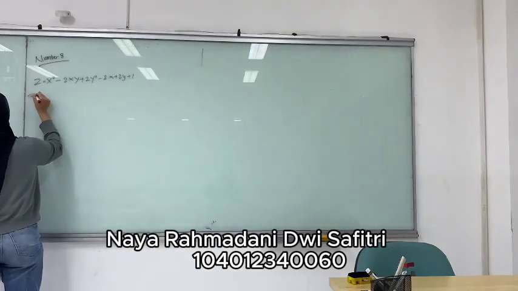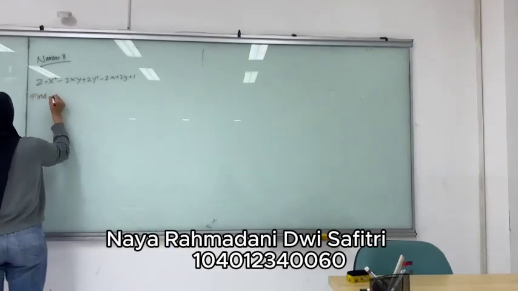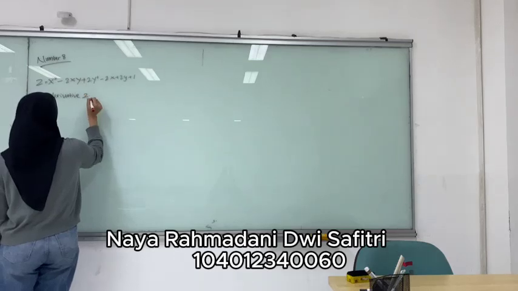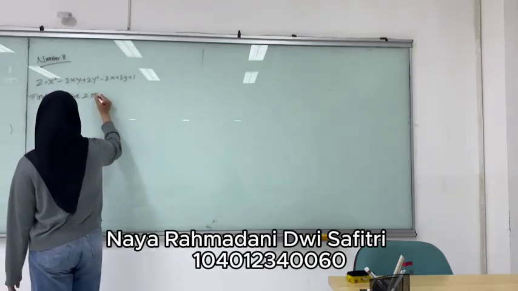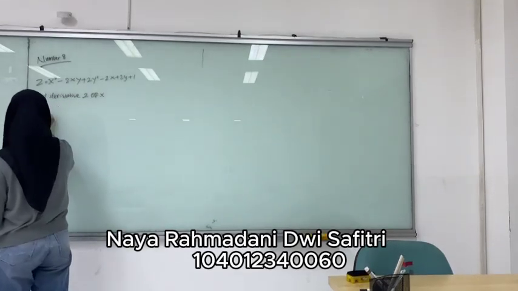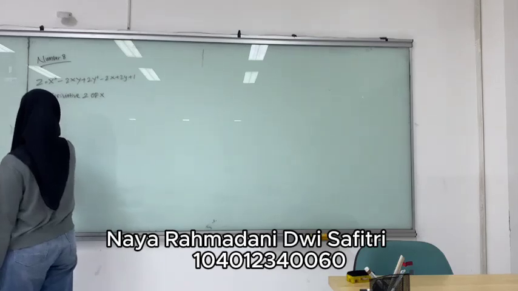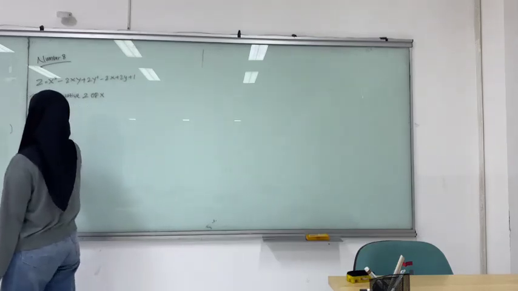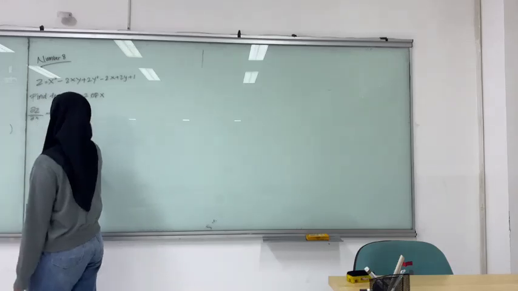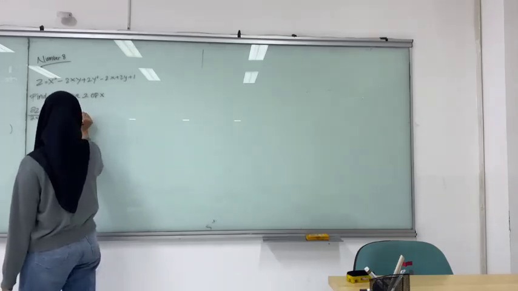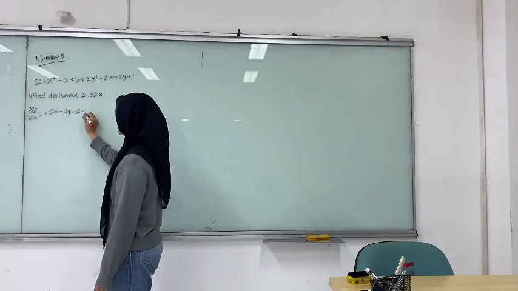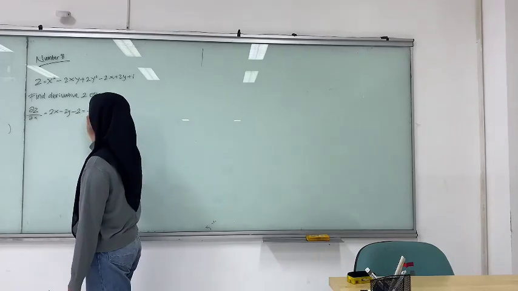First, find the derivative with respect to x. ∂Z/∂x equals 2x minus 2y minus 2 equals 0.